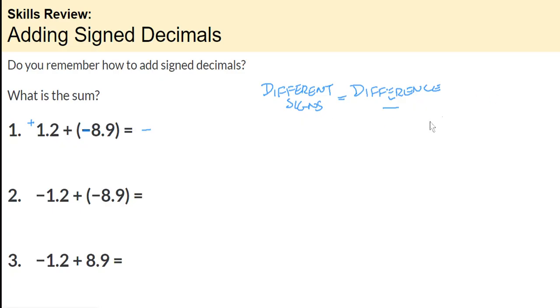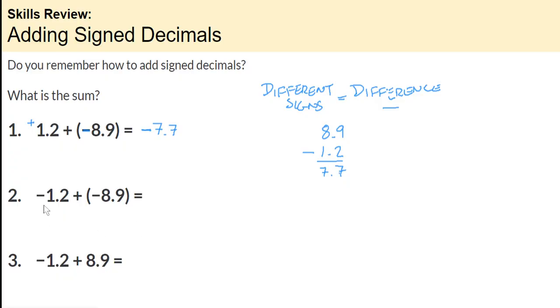So if we subtract them, we'll get 8.9 minus 1.2. So we get 9 minus 2 is 7. 8 minus 1 is 7. So the answer will be negative, right? We said it was going to be negative in the beginning, negative 7.7.